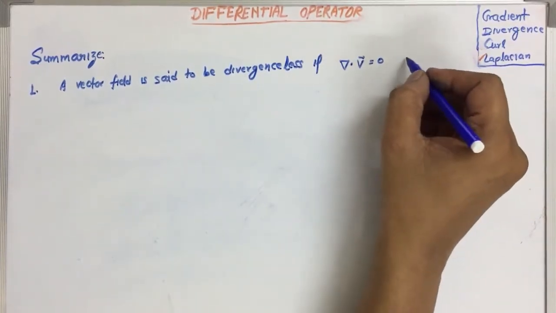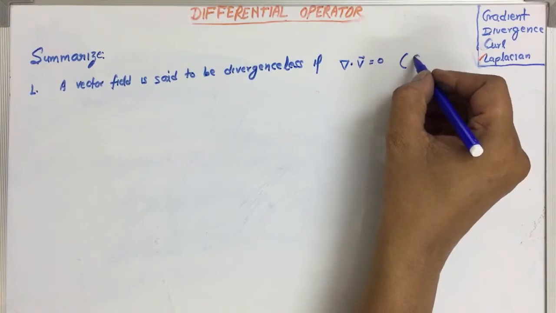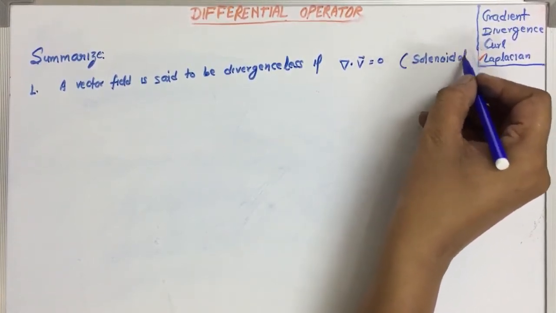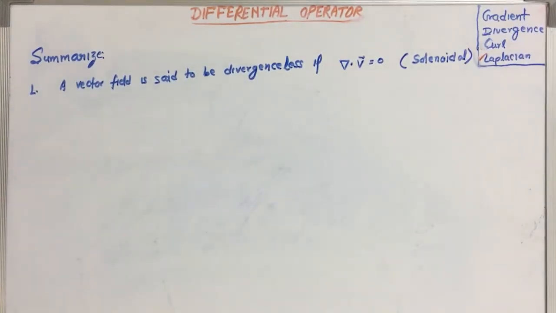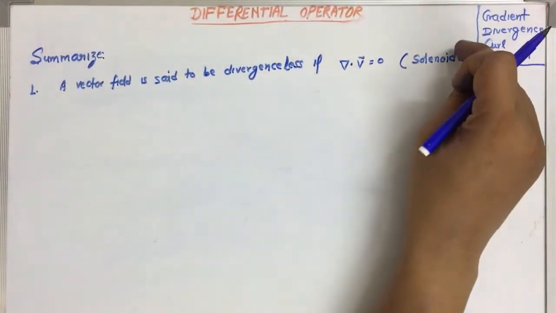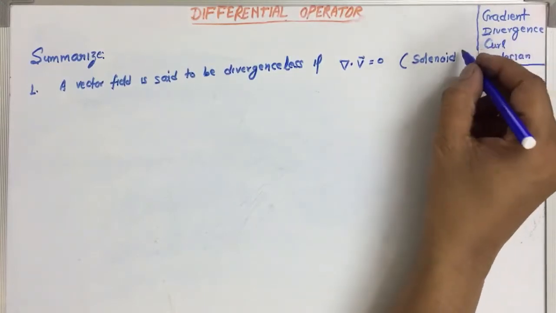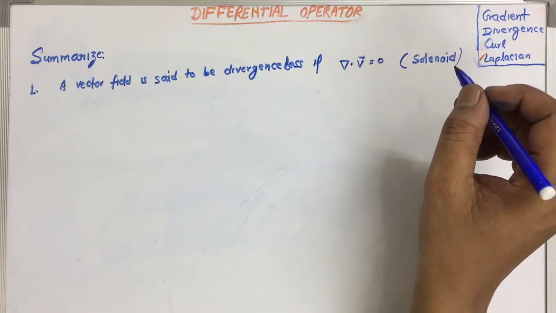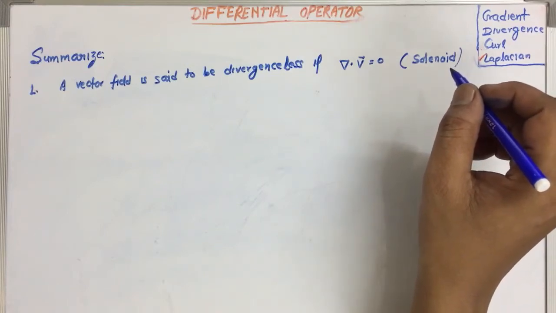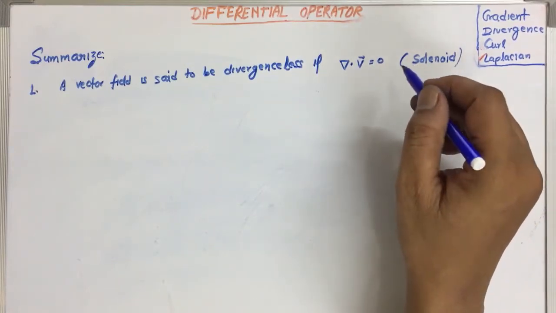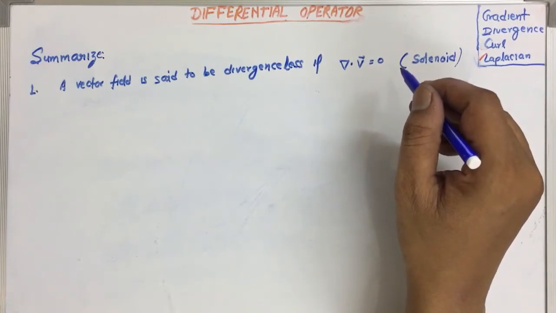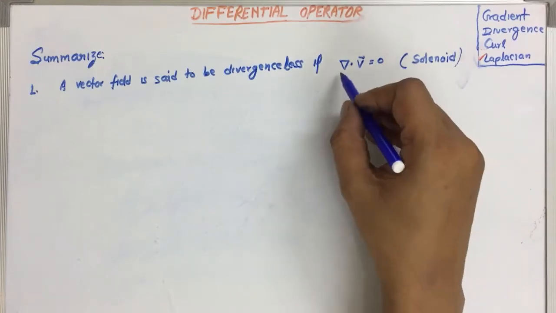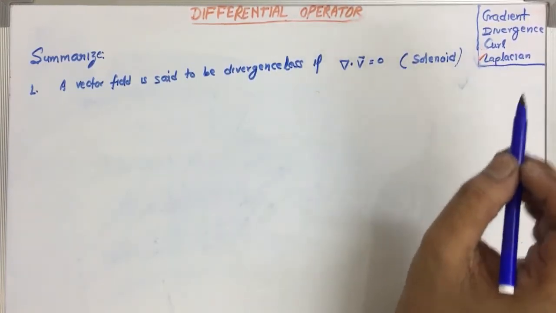This is named in another way, it is solenoidal. If it is said in the question to show that the field is solenoidal, then you have to show that the divergence is 0. Or if it says prove that it is divergence less, it means you have to show the divergence of the field is equal to 0.